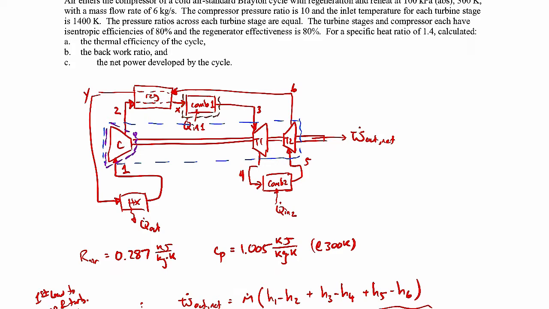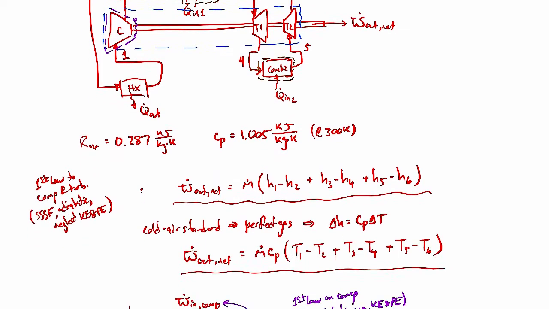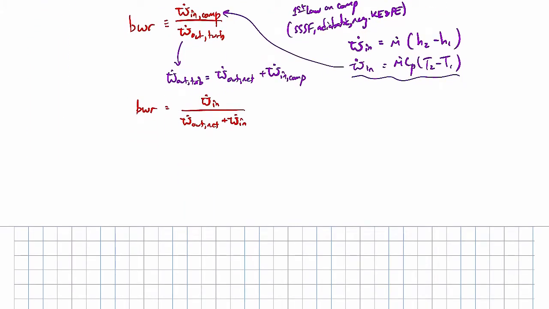So we'll have a control volume around the first combustor, and a control volume around the second combustor, and we'll apply the first law to both of those. So first law on combustor 1 and combustor 2. And again, we'll assume steady state, steady flow, negligible kinetic energy and potential energy changes.